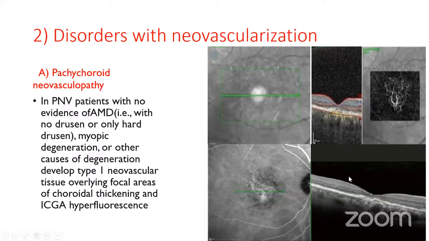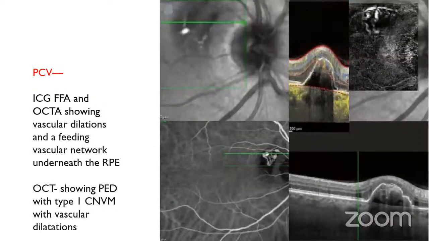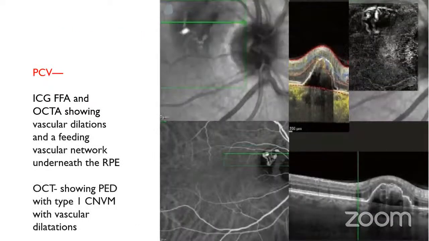Normal case, where there is no dilatation? Normal, I don't have in this slide, sir. Here it can be concerning for PCV. Normal, I don't have OCT, sir. Yeah, let me check and I will show you.